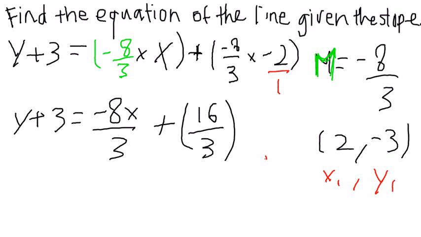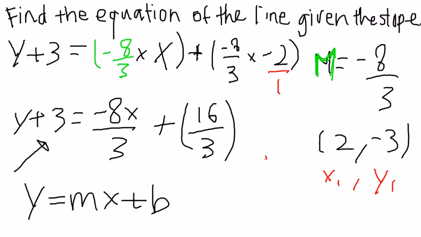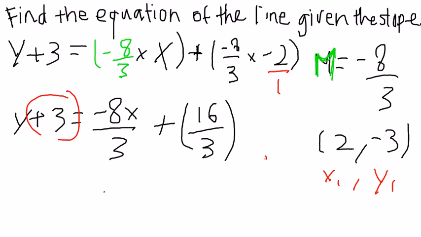Okay? So now what we need to do is put it into the y equals mx plus b format. But right now, this is not in the y equals mx plus b format because there is this 3 in the way, right? So what are we going to do with the 3? We are simply just going to subtract it from both sides to get rid of it.